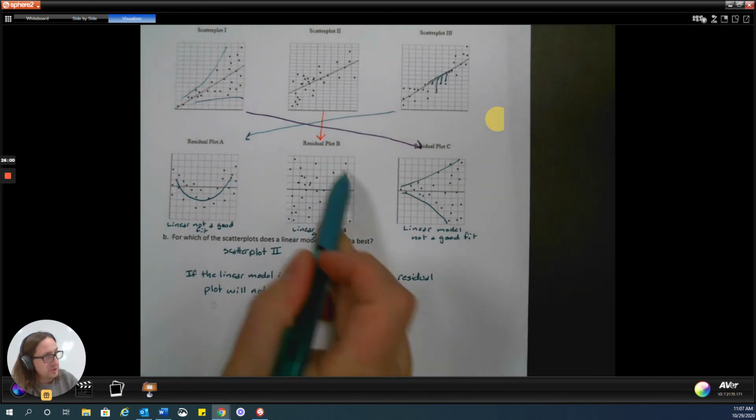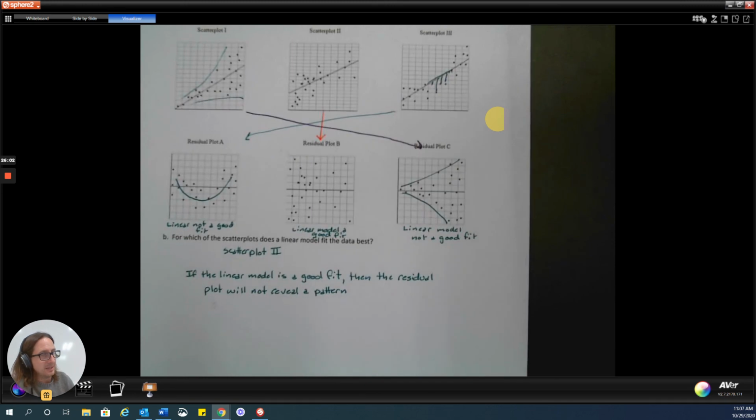This one, there's no pattern to our residual plot, so that means a linear model was a good fit for that data.